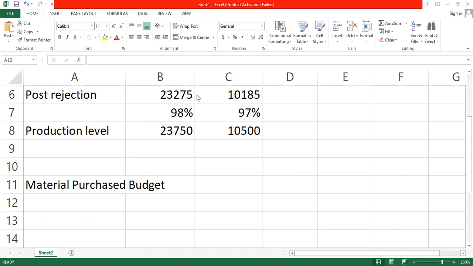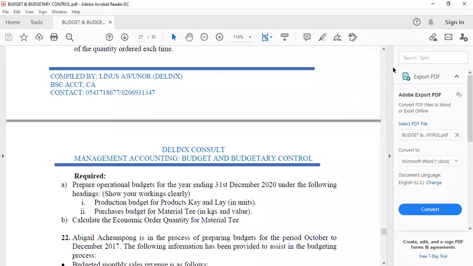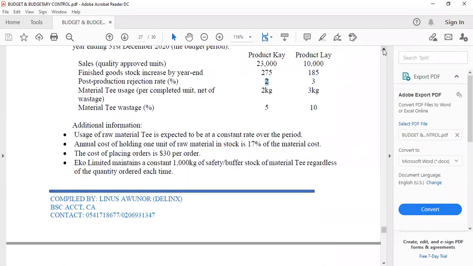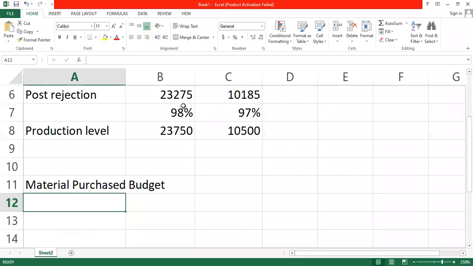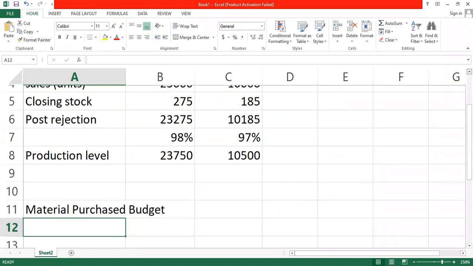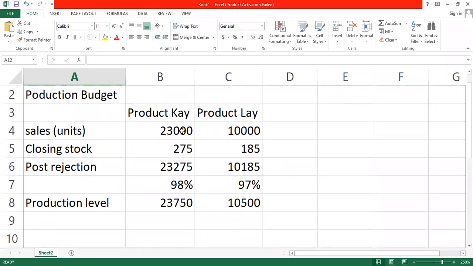So you see from the question that there will be a rejection of 2% and 3% rejection, isn't it? Yes. So the quantity that we have over here, the 23,275, those are the goods that were tested to be effective, not rejected, or approved.